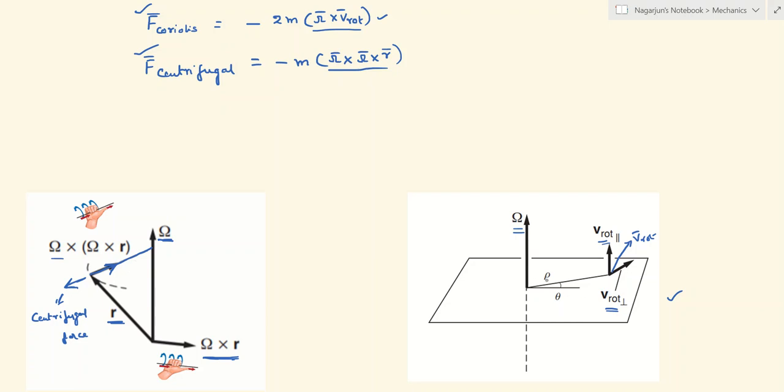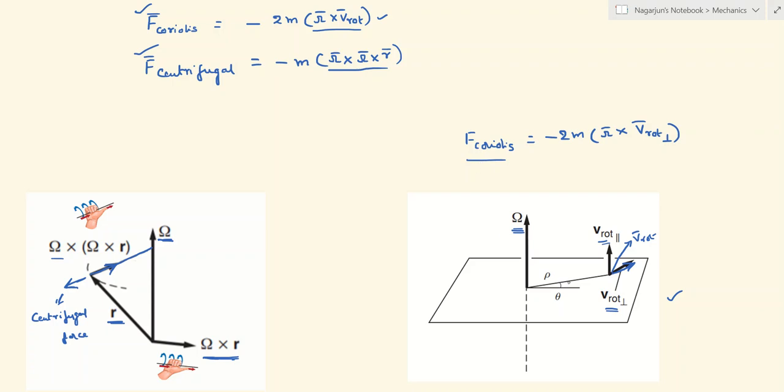Therefore, the Coriolis force is F Coriolis equal to minus 2m omega bar cross v bar rotation perpendicular. Only the perpendicular component of v rotation contributes to the Coriolis force. So this is the omega bar direction, this is the v bar rotation perpendicular component direction. Again, judging by the right hand thumb rule, we can get the direction of the Coriolis force.